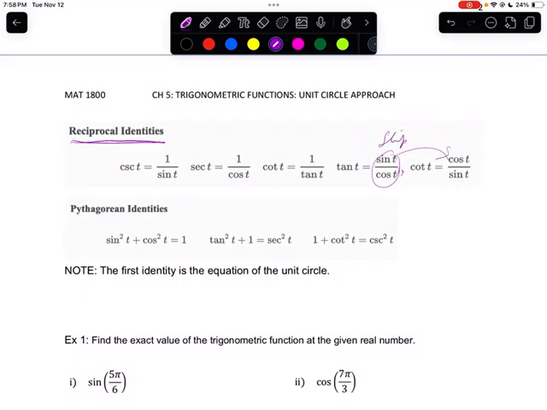Then we have a very, very important identity which is used in many places. It's called the Pythagorean identity.